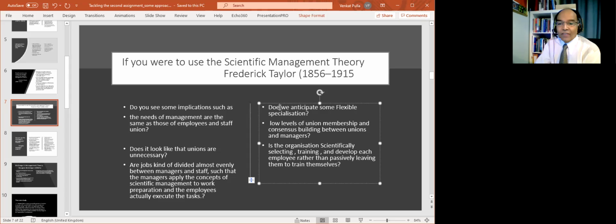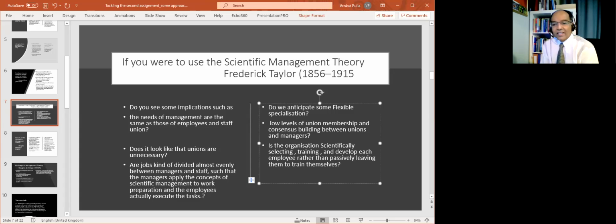Now, here's one. Do we anticipate some flexible specialization within the organization? Are there low levels of union membership that can be assumed, and consensus built between unions and managers?